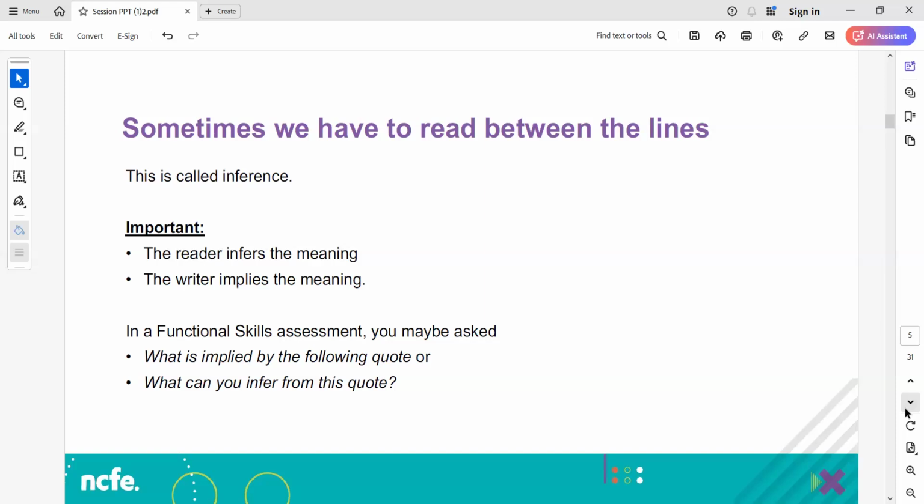And when you are doing your reading assessment, you might be asked questions like, what is implied by the following quote? Or what can you infer from this quote? They want you to read between the lines. They want you to infer the meaning. So you'll need to look at the clues within what's written and come to your own conclusion.